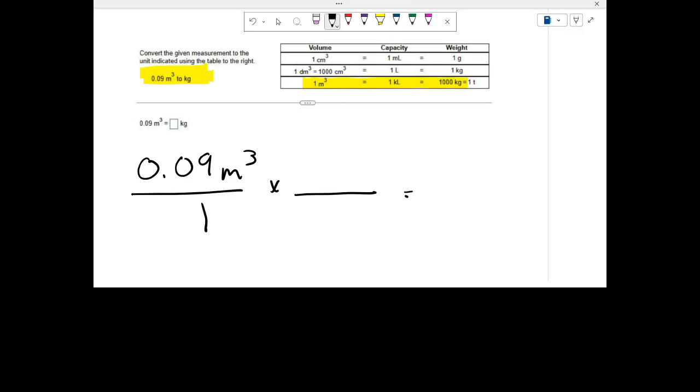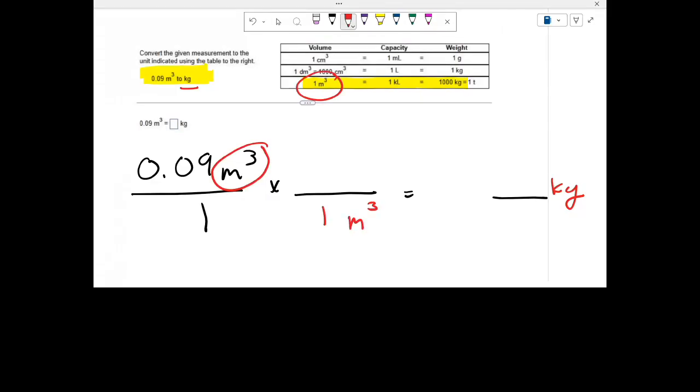And if I look right here, y'all, look, cubic meters and kilograms. So the first thing I'm going to do, 0.9 cubic meters over 1 times some fraction is going to give us our answer, and we want our answer, my friends, in kilograms. Okay, so whatever units I have on the top, I need to put those on the bottom. So check it out.